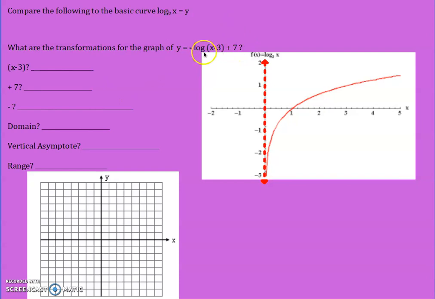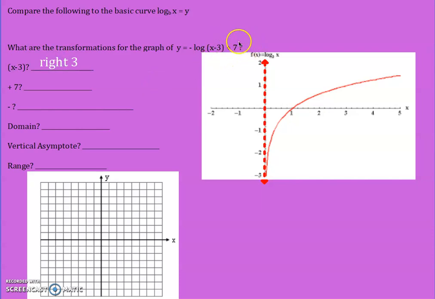Okay, so what does the minus 3 do inside with x? Remember your transformations from earlier in the semester? If it's inside with x, it does opposite of what we think is logical. So going opposite, it would add 3 to all of our x values or shift our graph right 3 units.